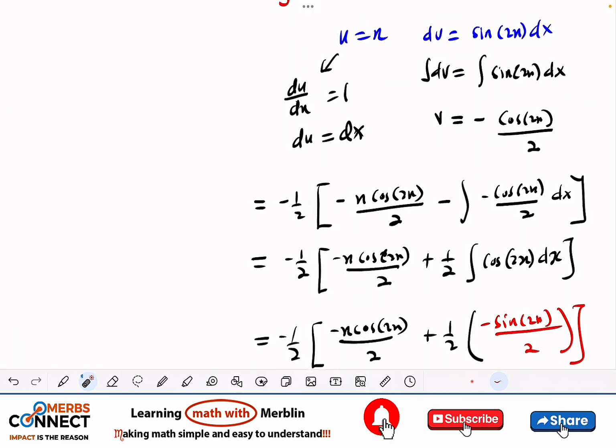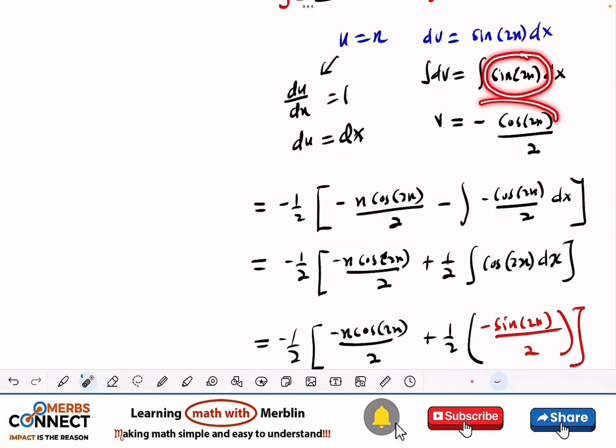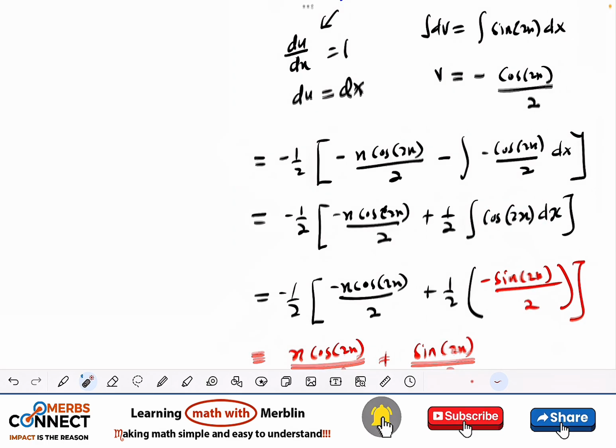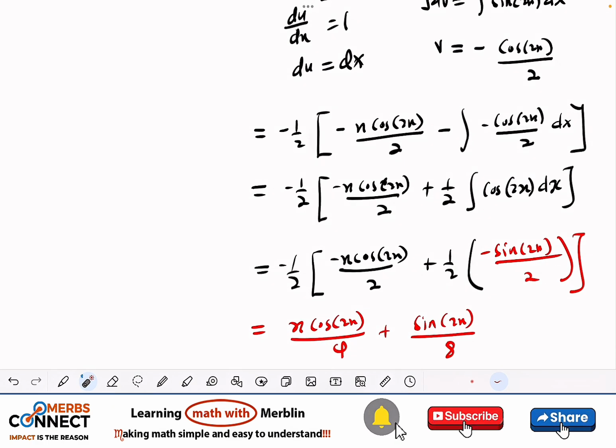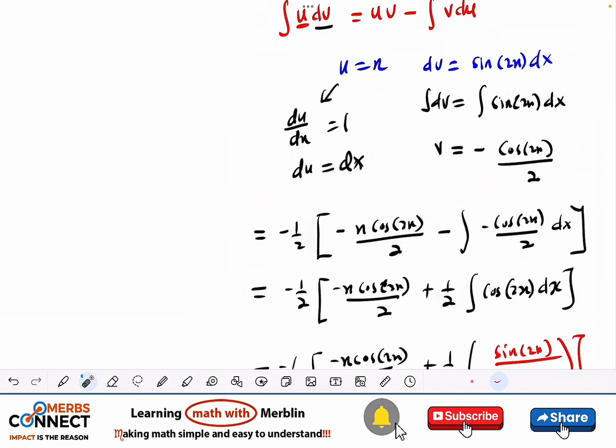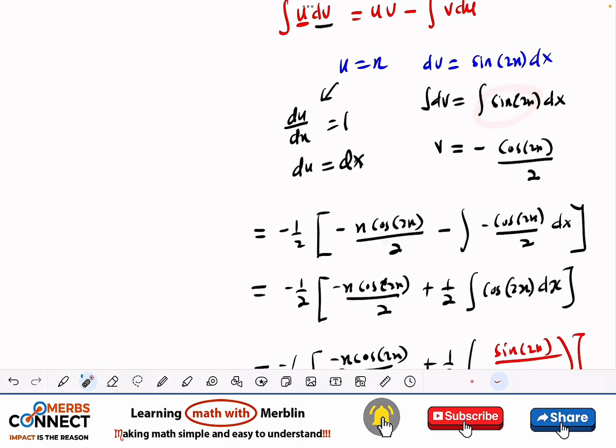So when we differentiated sine, we get minus cos, and then when we come here, oh, I made a mistake somewhere here. Yes, because when I differentiate cos, I should have minus sine. So when I differentiate cos, I get minus.